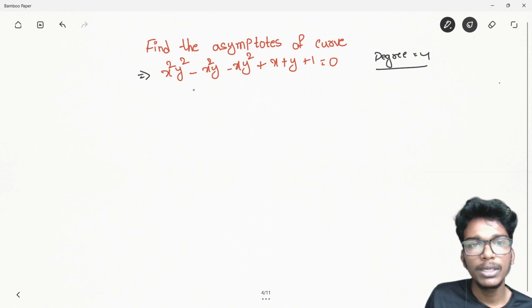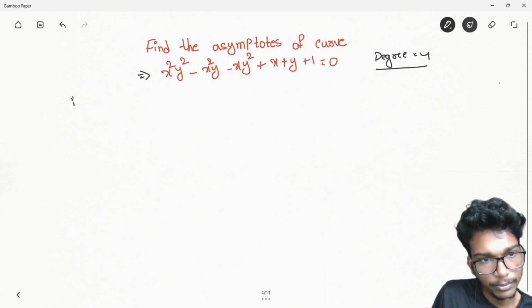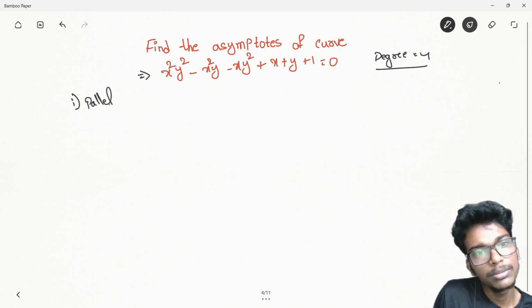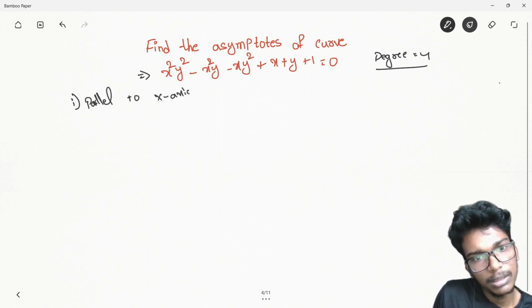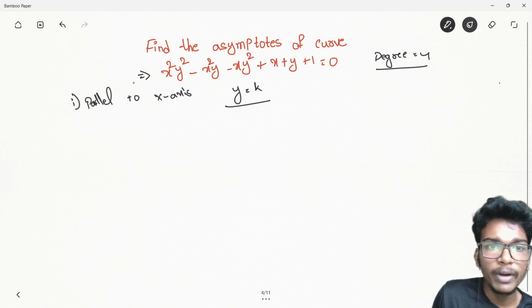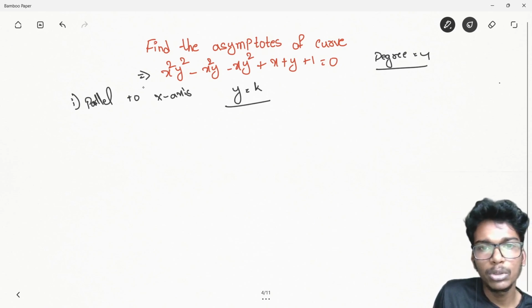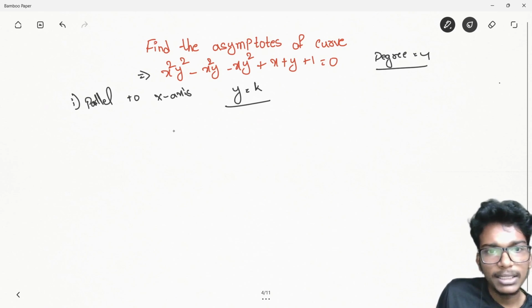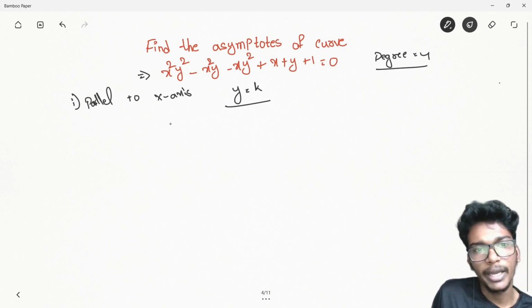The first one is the asymptote parallel to the x-axis, that is, y is equal to some k. For finding those, just consider the highest degree of x and its coefficients.